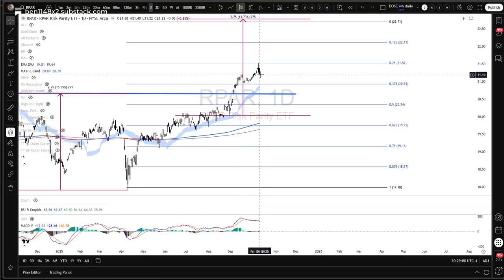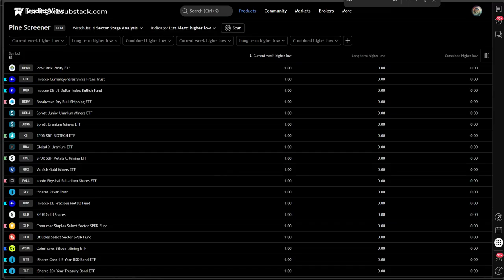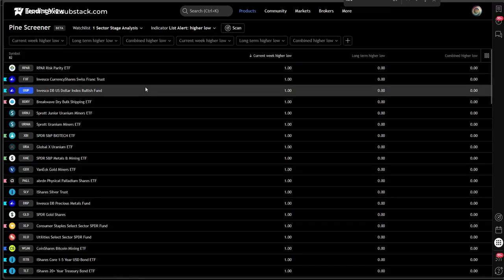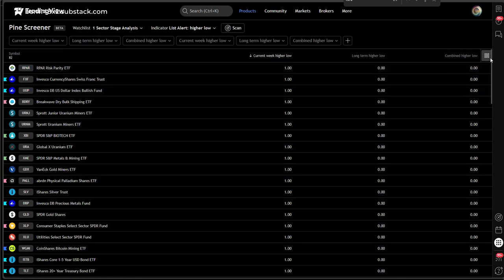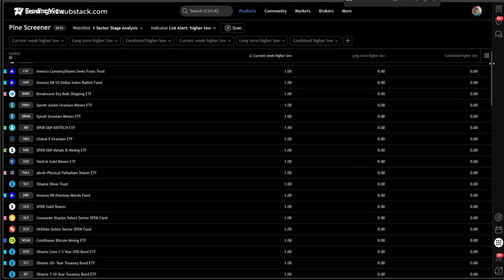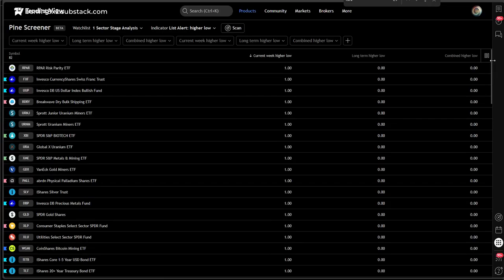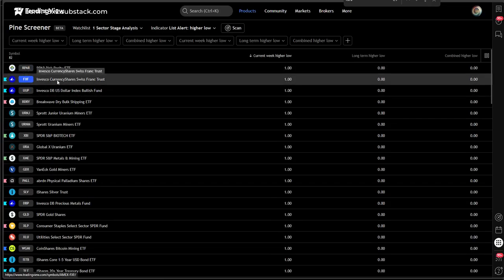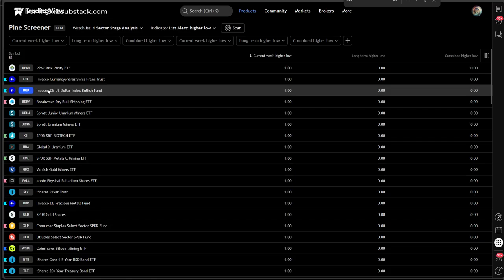And so it actually almost retests a very small base from the prior month. So that's an interesting one to take a look at. But when we look at the list of the sector ETFs that made a higher low on Friday, we've got the Swiss franc, you've got the U.S.